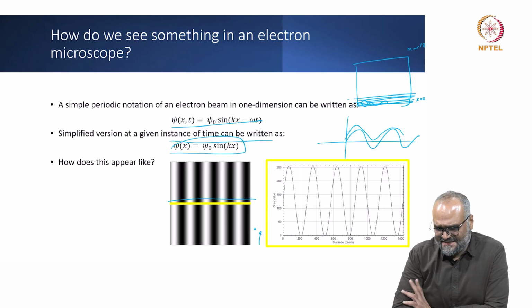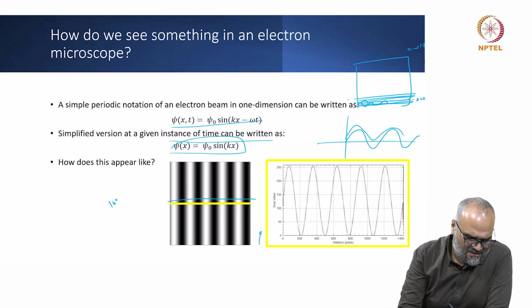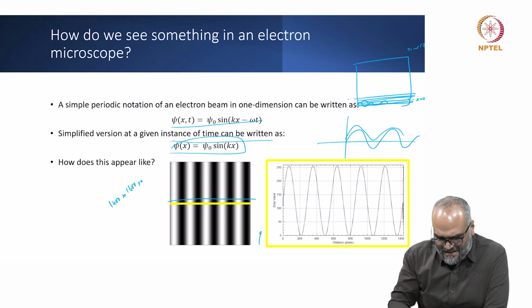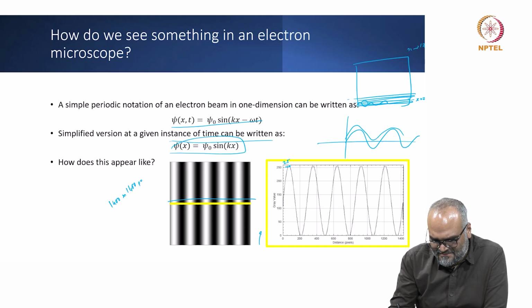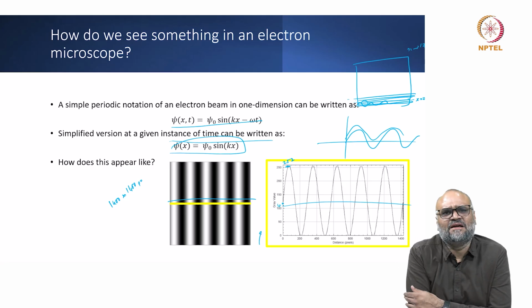As you can see, this is a grayscale image, and this is a 1400 cross 1400 pixel image, and at the middle here I see the maxima is approximately 252 counts, and somewhere here it is around 112 or 115 counts.